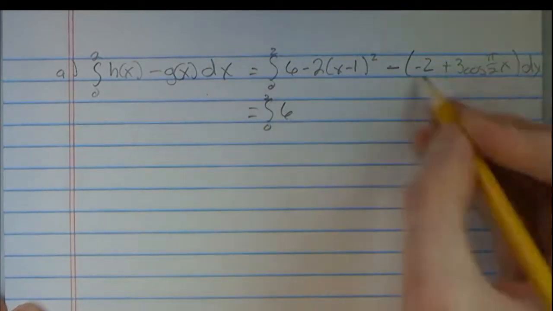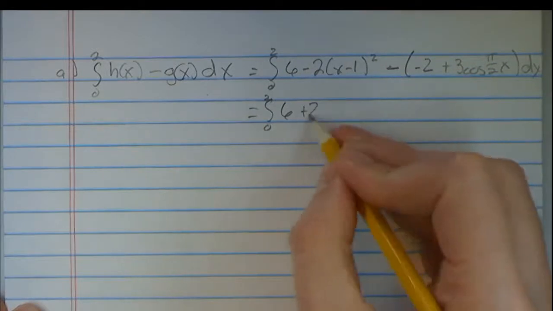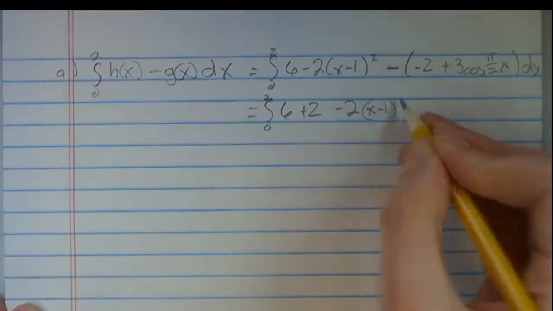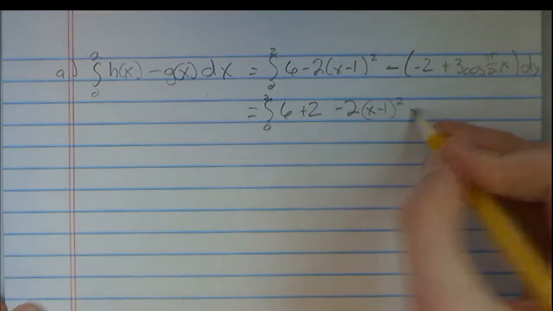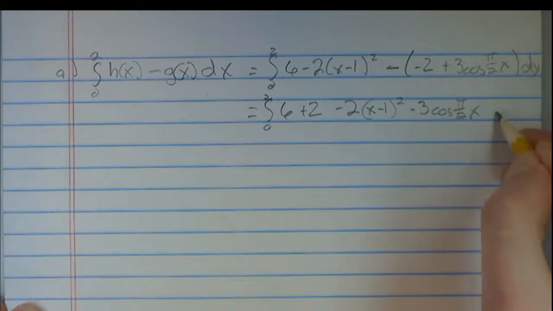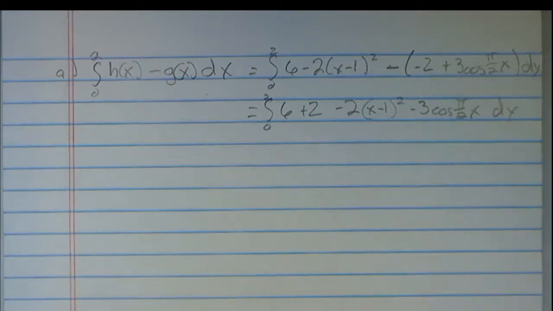Okay, so 6 is going to be a plus 2, minus 2x minus 1 squared, minus 3 cosine pi over 2x dx. Okay, from here, honestly, I think we're pretty good.